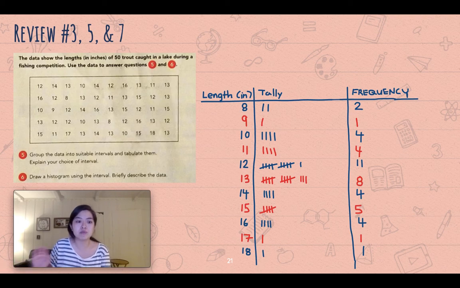But remember with a histogram, we want the interval to be between certain numbers. And so 1 is not enough. Just having one number in one interval is not enough in a histogram.